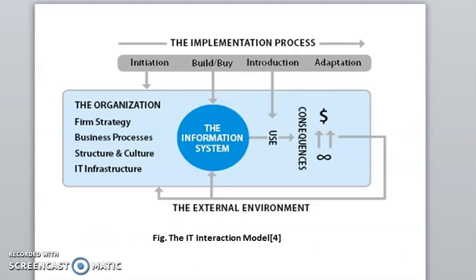Here, this figure shows the information technology interaction model. This figure shows the firm strategies, the organization's firm strategy, business processes, structure and culture, IT infrastructure, and use, consequences, external environment, and implementation process, like initiation, build, buy, introduction and adoption.